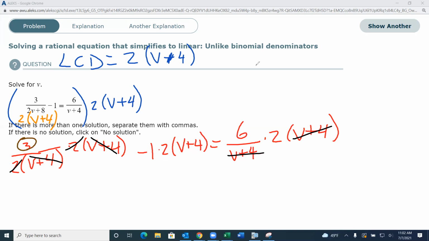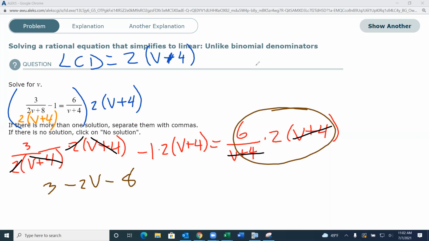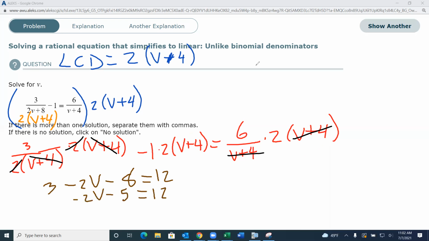So we're left with 3 from that first term, and then 1 minus 1 times 2 times, well, it's all there. So -2 times that will be minus 2v minus 8 when I multiply that out. And then on the right side, I just get 6 times 2 is 12. And this is not looking nearly as bad now that we've gotten rid of the fractions. So combining like terms on the left, I get -5.